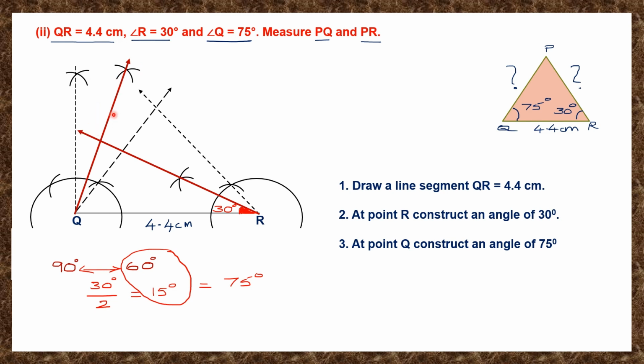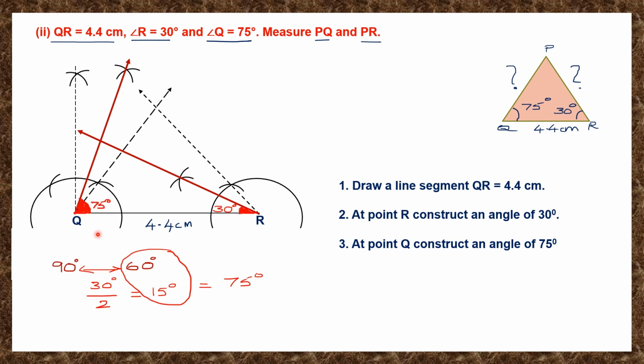So that is 30 degrees. Now here we have 60 degrees and here we have 15 degrees and 60 plus 15 is 75. So 30 degree here has been divided into two. So this part is 15 and this part is 15. We are making use of this angle here, 15.